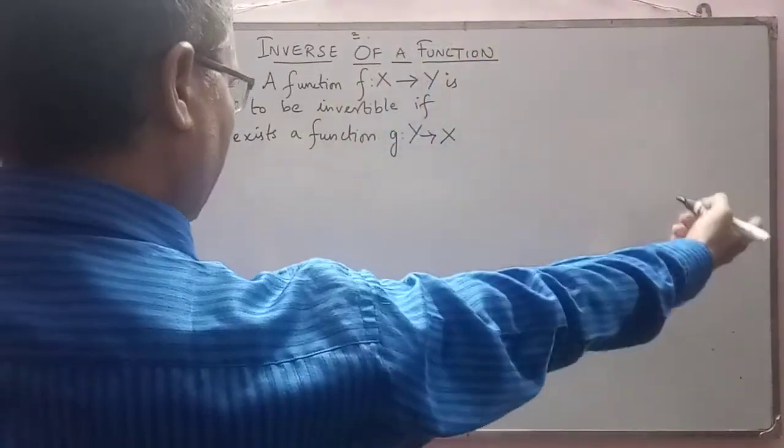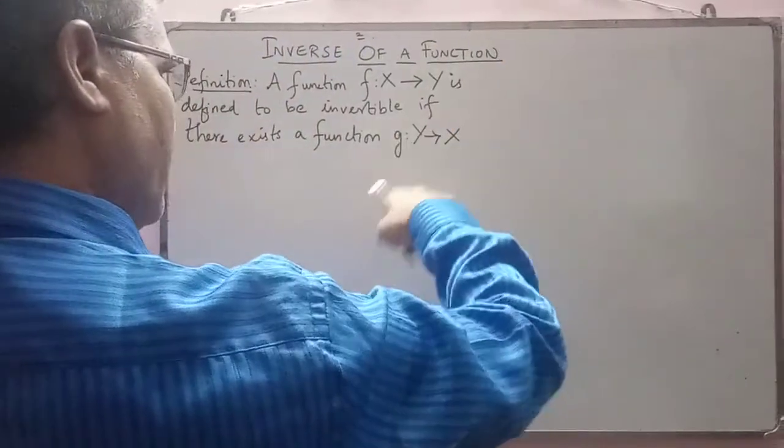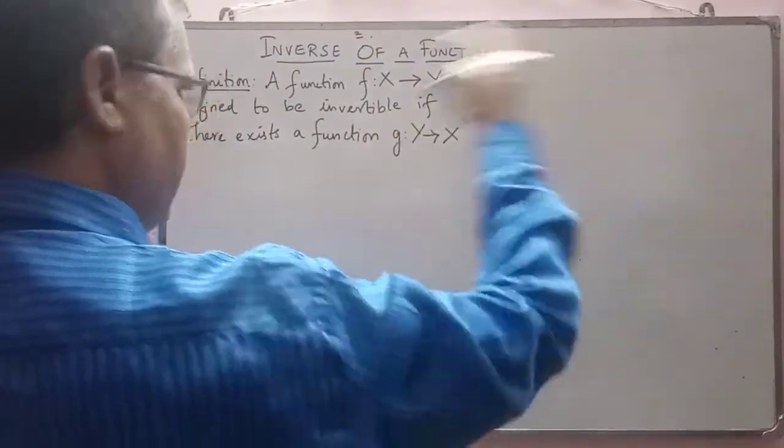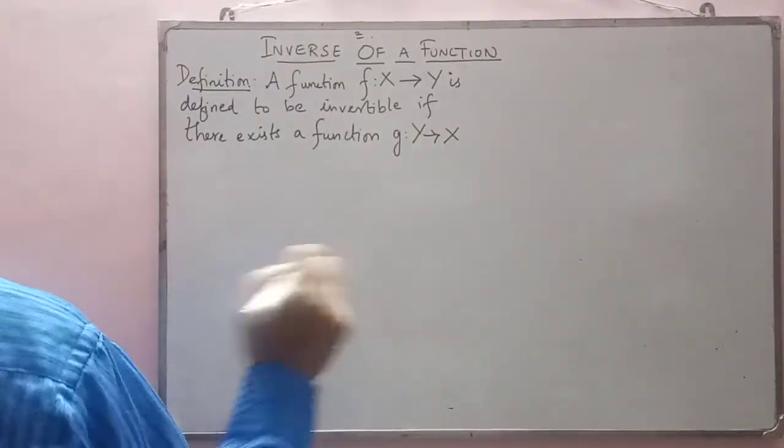So domain to codomain is a mapping, is an image, and then you are coming from codomain to domain. If you are defining like that, that means inverse. Okay, children, or we call it a preimage. That is an easy term.